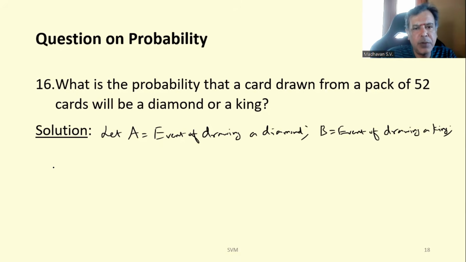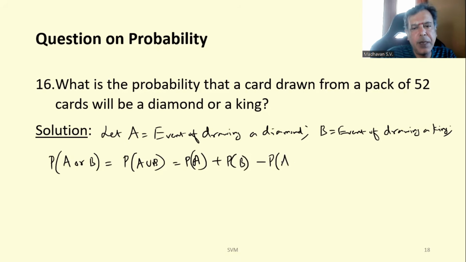So here we are supposed to find diamond or king. That means probability of A or B, which is probability of A union B, and that is probability of A plus probability of B minus probability of A intersection B.